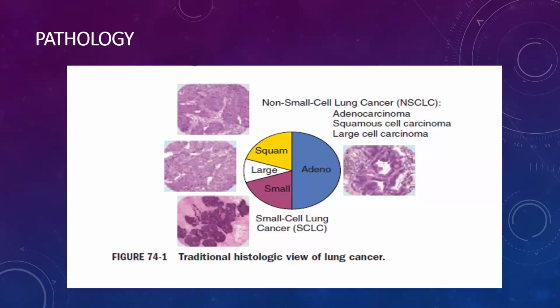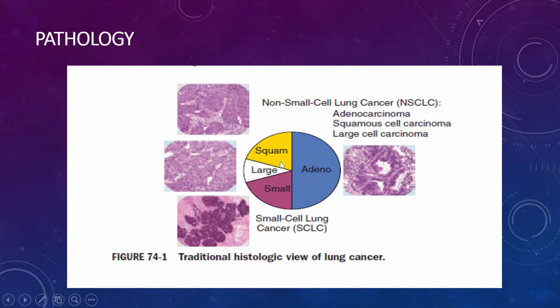So shown here is a figure showing you the different appearances on histopath. You have your adenocarcinoma, which is glandular in appearance, your squamous cell carcinoma, which are sheets of cells, your small cells, which are very darkly staining with a high mitotic count, and large cells lack any of the following mentioned features.